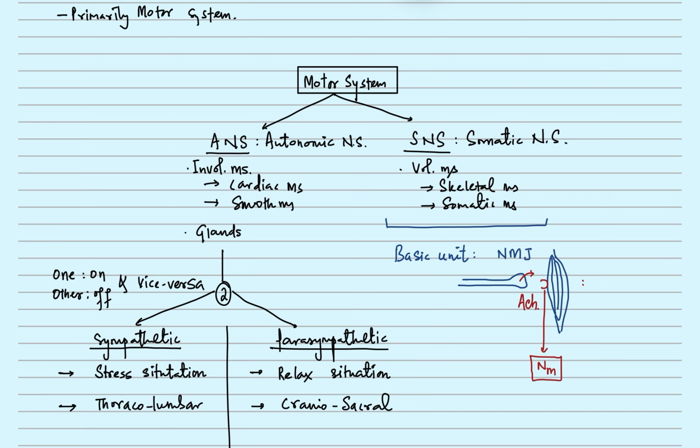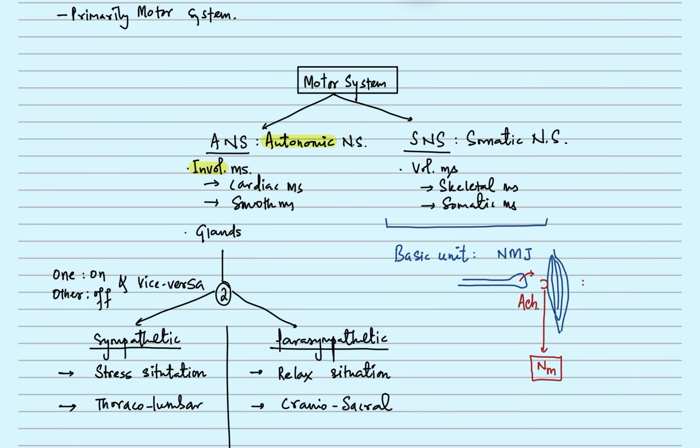As the name suggests, the autonomic nervous system works on those muscles which are autonomic in nature. In other terms, they are involuntary in nature. And what are those muscles? They are cardiac muscle and smooth muscles. And another thing, the autonomic nervous system also supplies all the glands of the body.